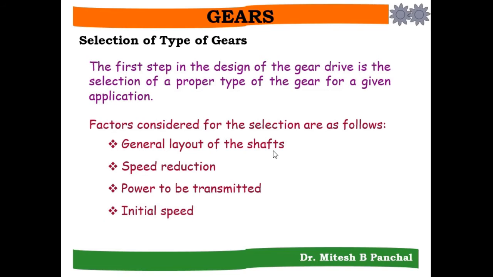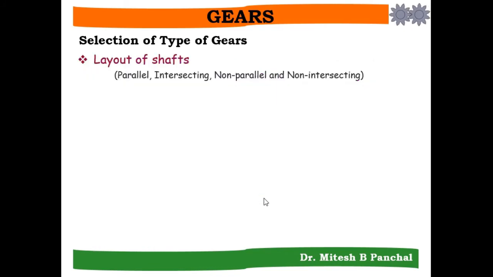Next is the input speed. Input speed to the gearbox is an important criteria to select the types of gear. Of course, the cost is an important criteria for design of any mechanical system. So here, for the proper selection of gear, cost also we have to consider. Now we will see one by one the different factors for the proper selection of the gear.